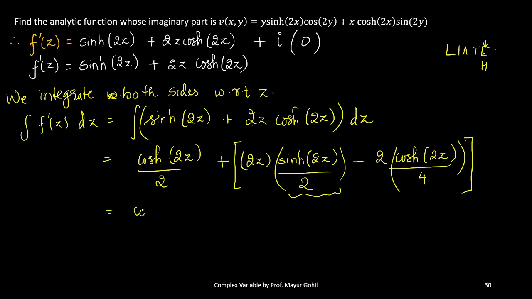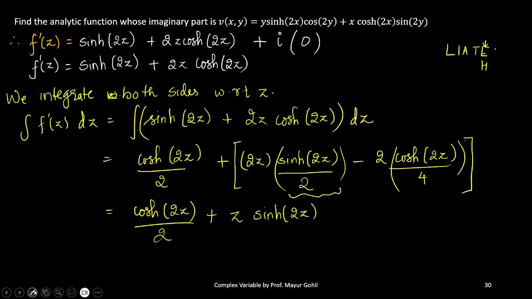So we have cos h 2z divided by 2 plus z times sin h 2z. Okay, this 2 and 2 will be cancelled, so I'll just cancel here, and here this cancels with this.